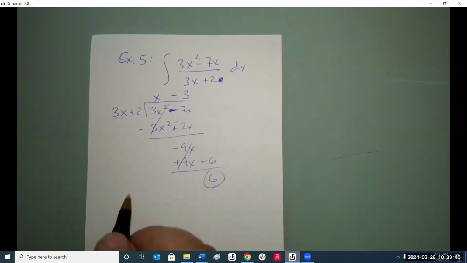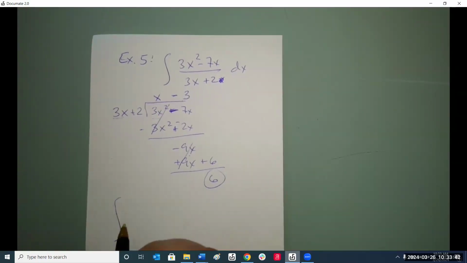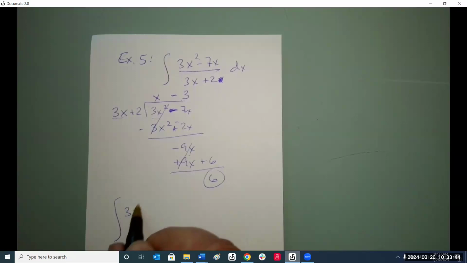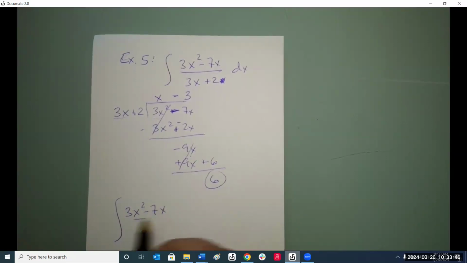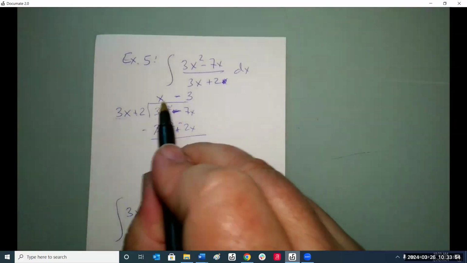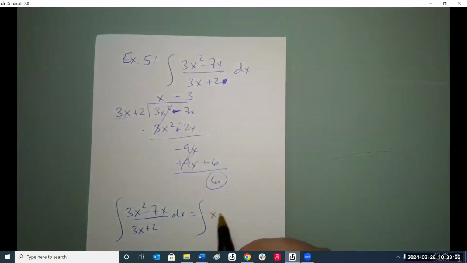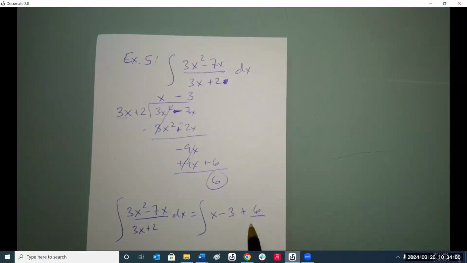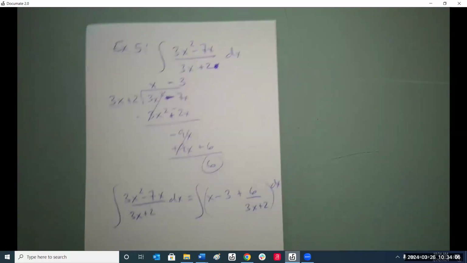So what we've just done, we have taken this rational expression and converted it into this. This becomes x minus 3 plus 6 over the denominator, 3x plus 2 dx.